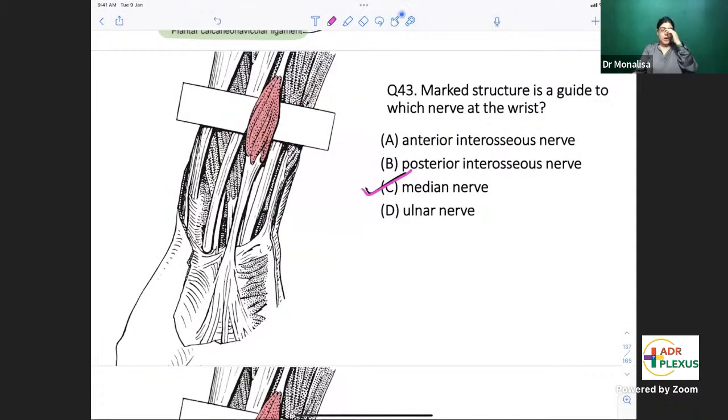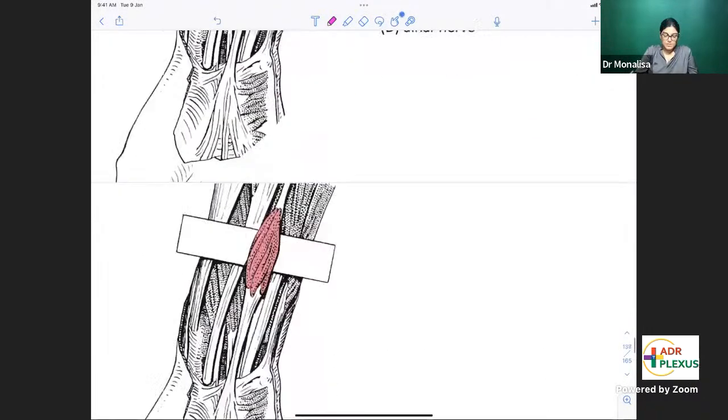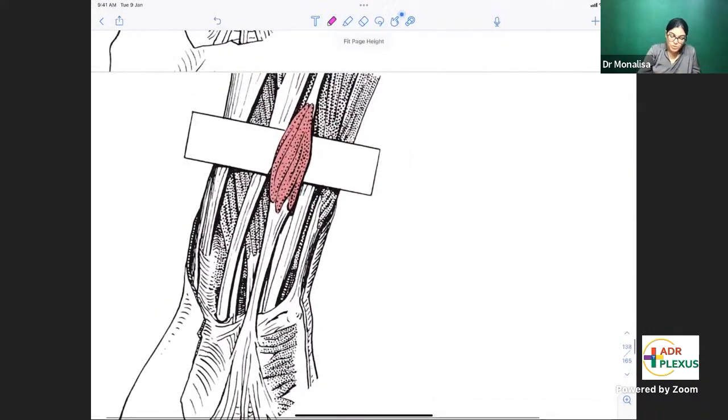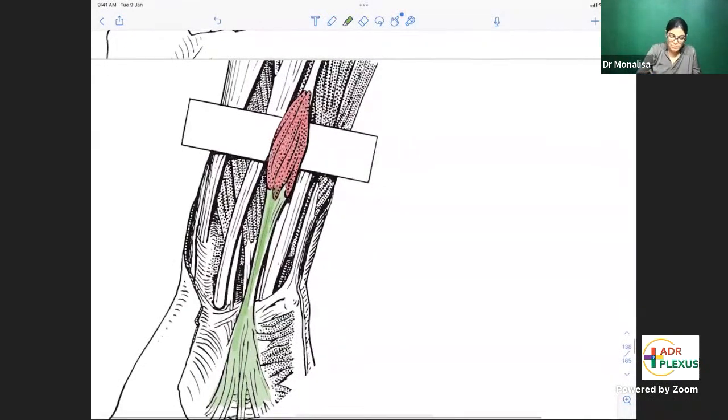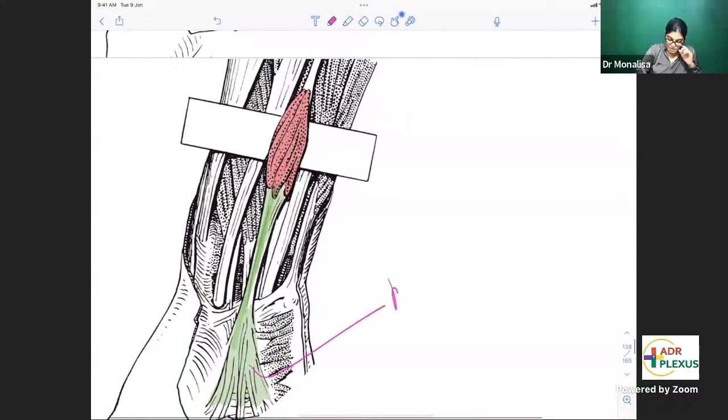Actually here you can see this is palmaris longus muscle. You can appreciate that this muscle tendon is long and it is merging with the palmar aponeurosis.